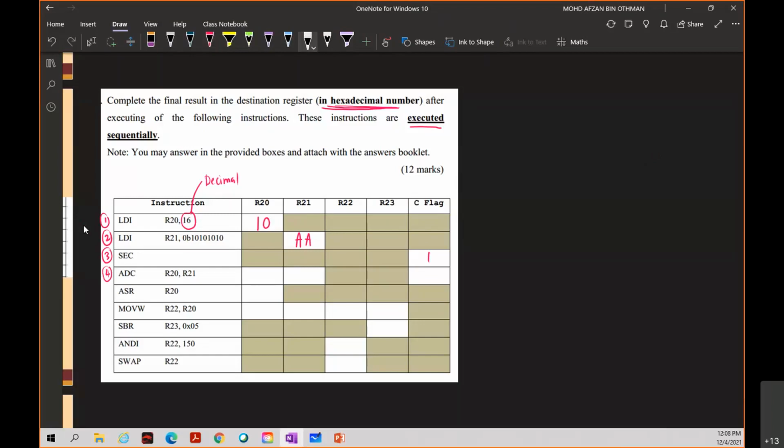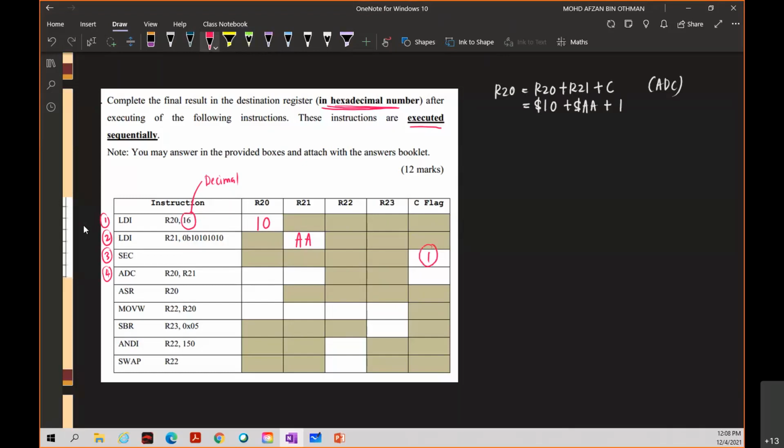R20 equals R20 plus R21 plus C. So R20 is 10, R21 is AA, and plus C. What is your C? The current value of your C is 1.